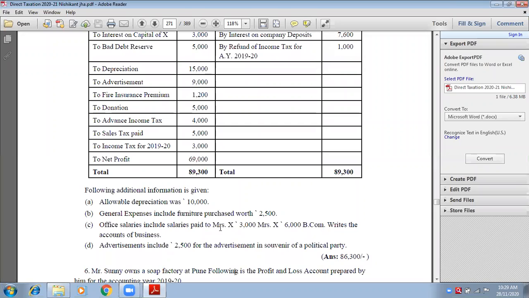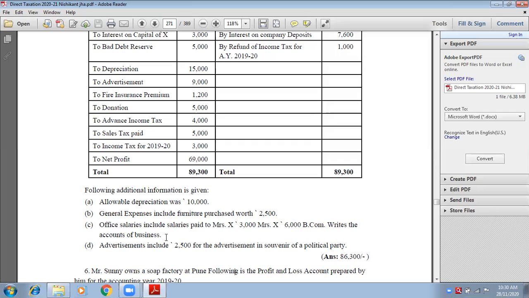It should be office salary includes salary paid to Mrs. X rupees 3,000, and Mrs. X is a BCom. I mean, she has completed her degree, that is BCom. She writes the accounts of the business. So when Mrs. X writes the accounts of the business, she becomes the employee.